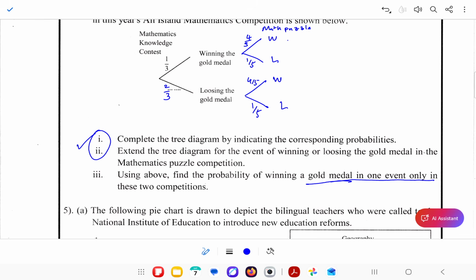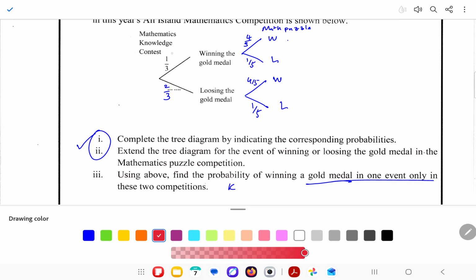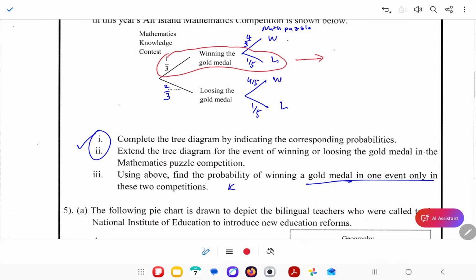So then that is what? Win knowledge, and losing math puzzle. So 1/3 into 1/5, so 1/15.